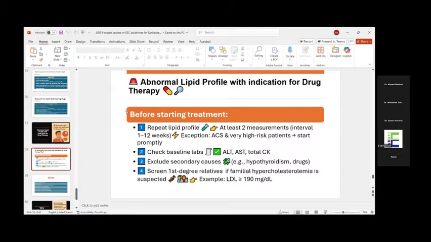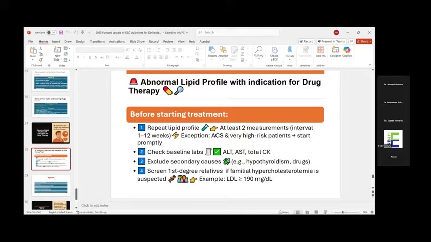This is a suggested approach for a patient with abnormal lipid profile with indication for drug therapy. Before starting the treatment, you should repeat the lipid profile to confirm the LDL values, and you have to obtain at least 2 measurements, at an interval from 1 to 12 weeks, except in patients with acute coronary syndrome or very high risk patients, where we should start the treatment immediately.